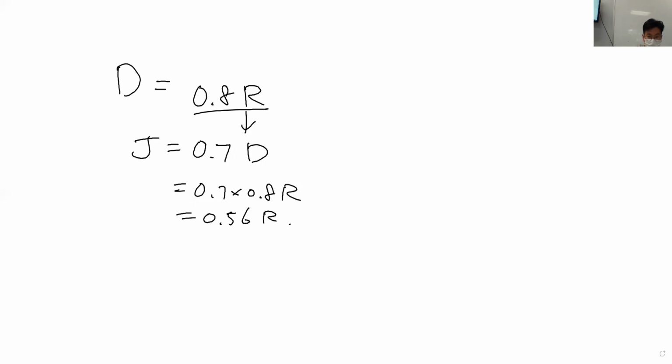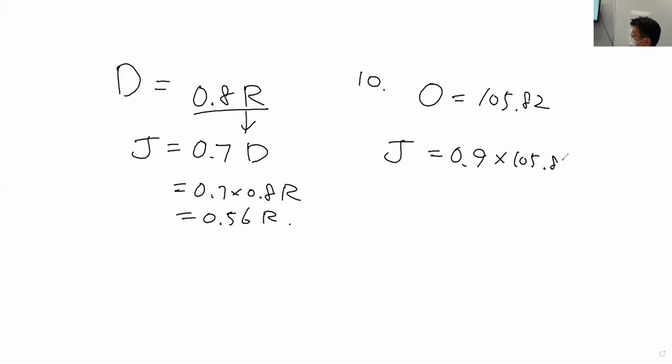Okay, and number 10. Joanne bought a doll at a 10% discount off the original price. So the original price, with a 10% discount, she's supposed to pay 0.9 times the original price.